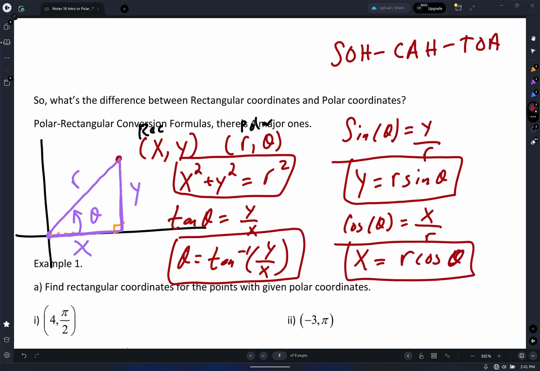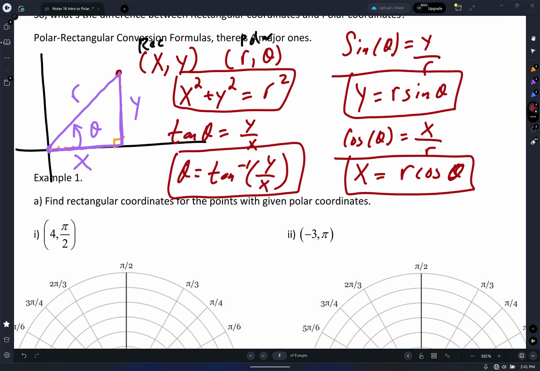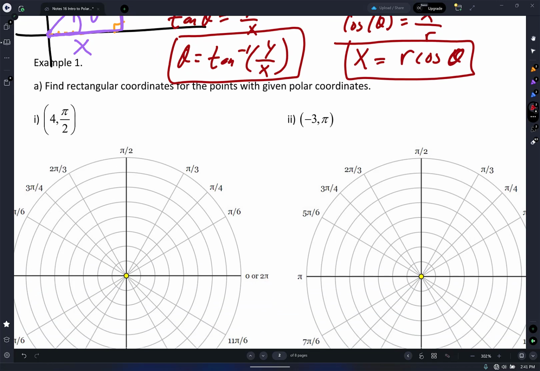All right, let's see if we can do some problems together. Look what it says here: find the rectangular coordinates for the points with the given polar coordinates. We're going to go slow, guys. I know you're used to doing the x first and then y. Here's a hack: do your angle first, because it's not the y anymore, and then do the r.